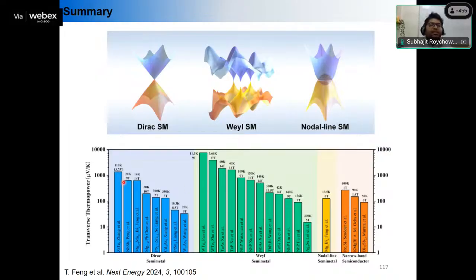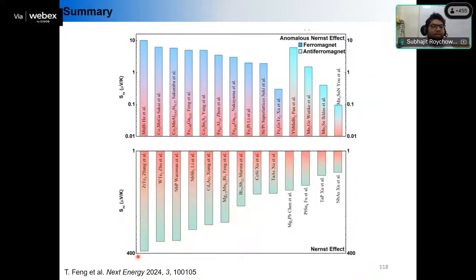In the case of the Dirac semimetal, it is ZrTe5, and RE4Si7, a narrow band gap semiconductor, shows a high Nernst thermopower. Now here we have ferromagnets, antiferromagnets, and their Nernst effect or anomalous Nernst effect. For the Nernst effect, the value is quite high because it requires a high magnetic field. But till now, the anomalous Nernst effect is only 10 microvolt per Kelvin.